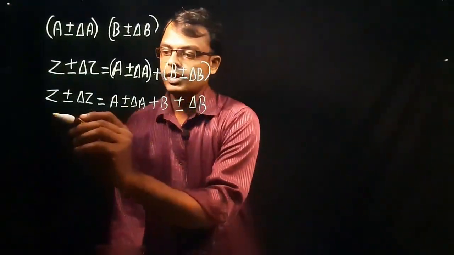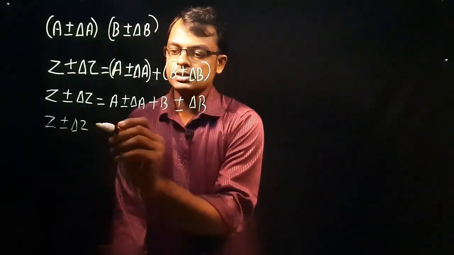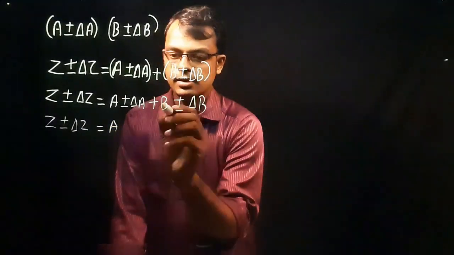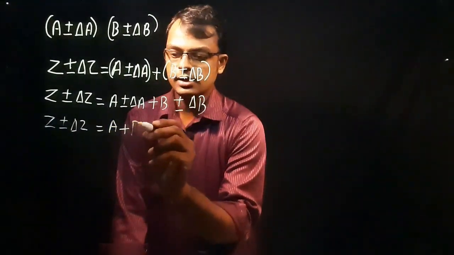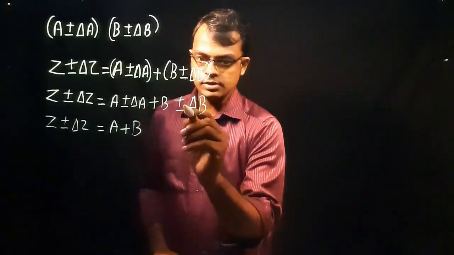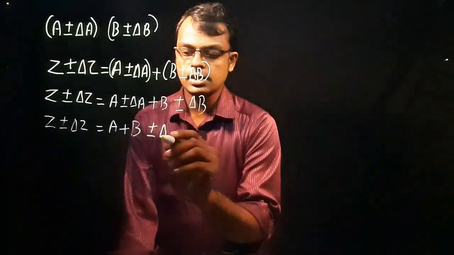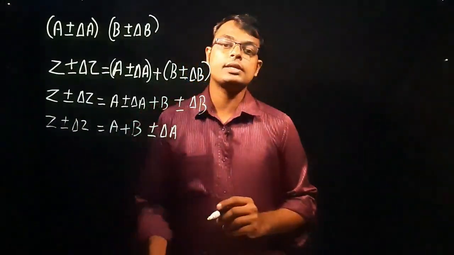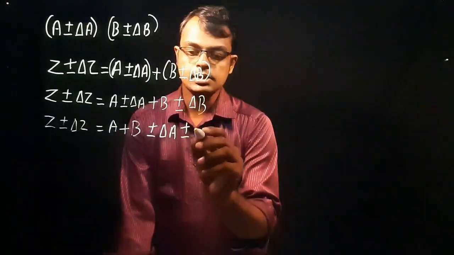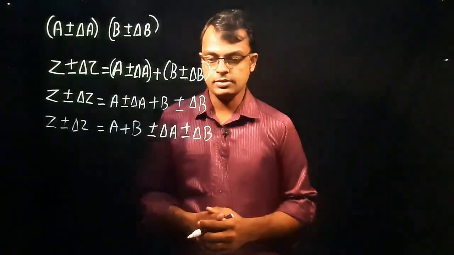Now I can write Z plus or minus delta Z is equal to A plus B, plus or minus delta A, that is the absolute error in the first measurement, plus or minus delta B, that is the absolute error in the second measurement.